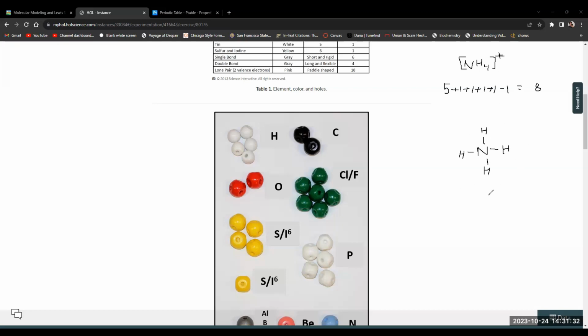So now we have 8. Nitrogen has 8 around it. It's filled the octet. All the hydrogens are happy. The only thing left to do is the brackets. And there's our drawing.